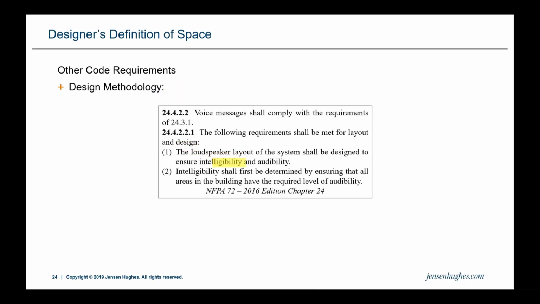This item number 2 says intelligibility shall first be determined by ensuring that all areas in the building have the required level of audibility. So we have a responsibility to provide the appropriate sound pressure level, straight loudness, in all areas of the building. So people have to be able to hear the alarm.